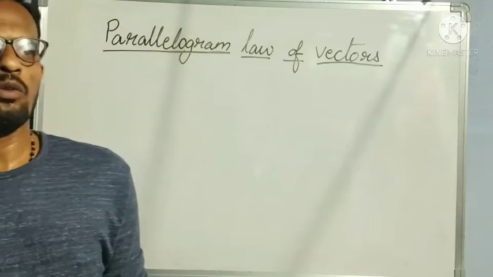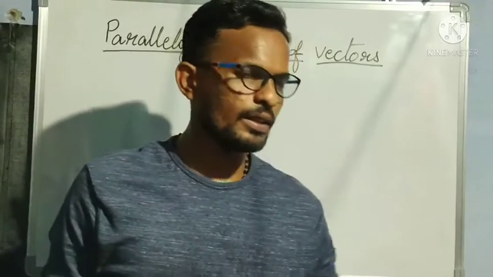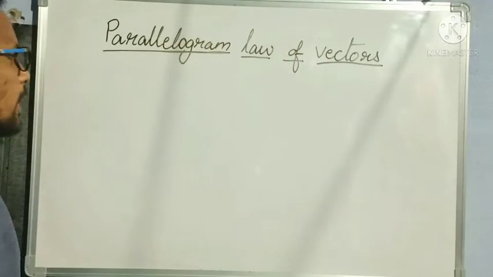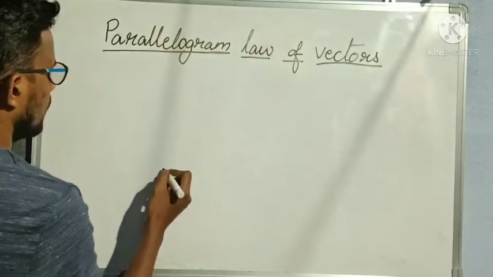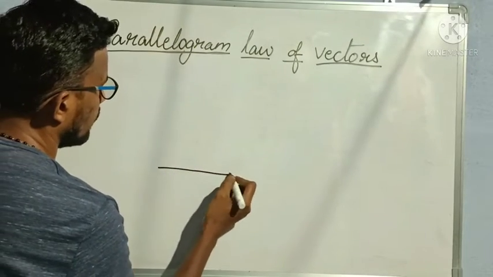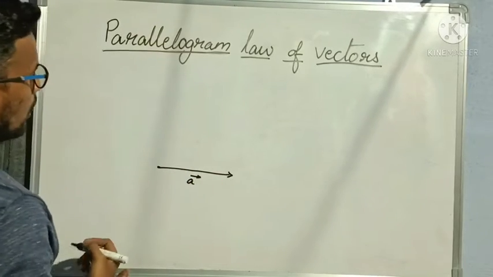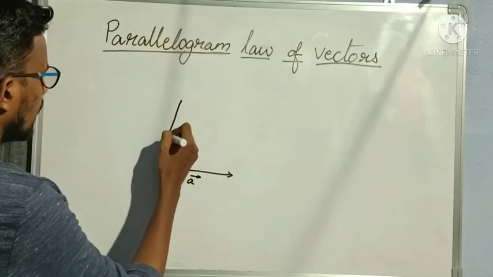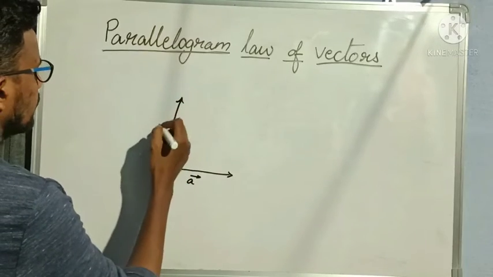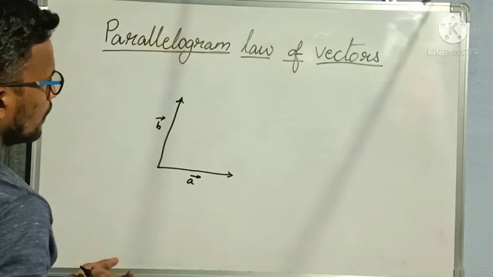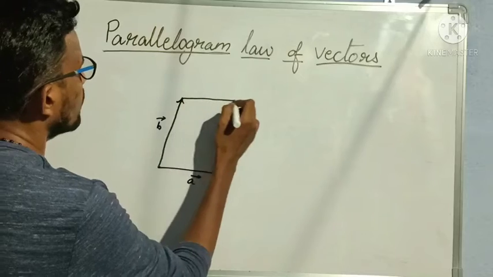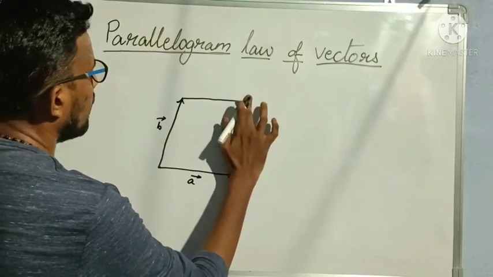So what is the parallelogram law of vectors? Let us understand it with the diagram. So here, for suppose, this is my vector a bar, and one more vector I am taking, b bar, from here.